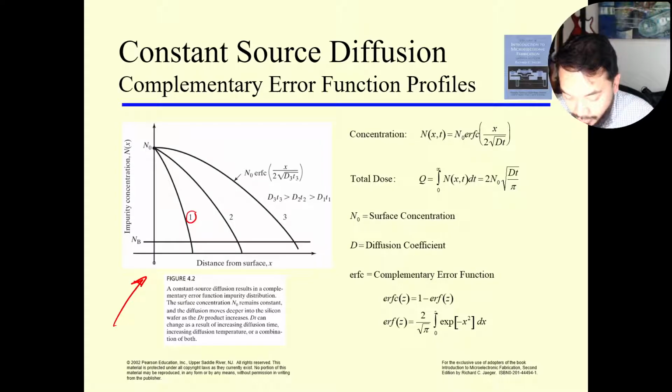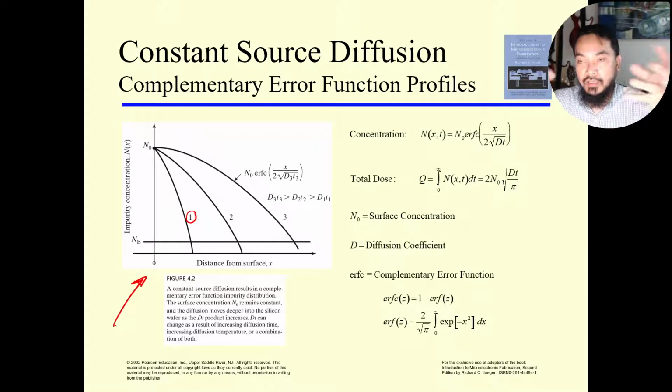Number one is after doing the diffusion at a certain time. Recall again, diffusion is heating up your wafer. Before that, you deposit a thin layer of impurity atoms. How can you deposit? You can use CVD in vapor form, which forms a thin layer on your surface.